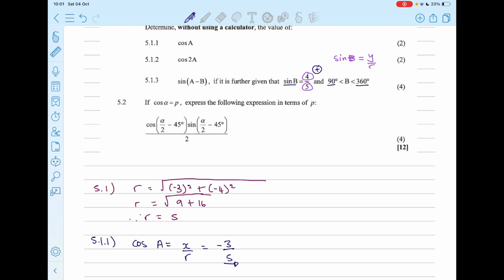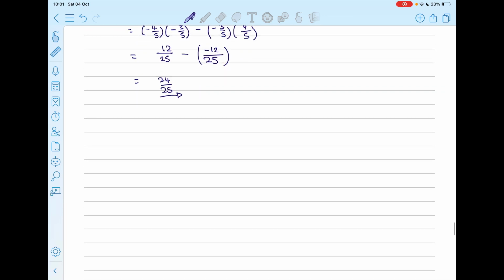Okay, moving on to the very, very last question, 5.3. We are told if cos alpha is equal to P, we need to express the following expression in terms of P. Okay, so let's write this. So we've got alpha over 2 minus 45 occurring in both trig ratios.